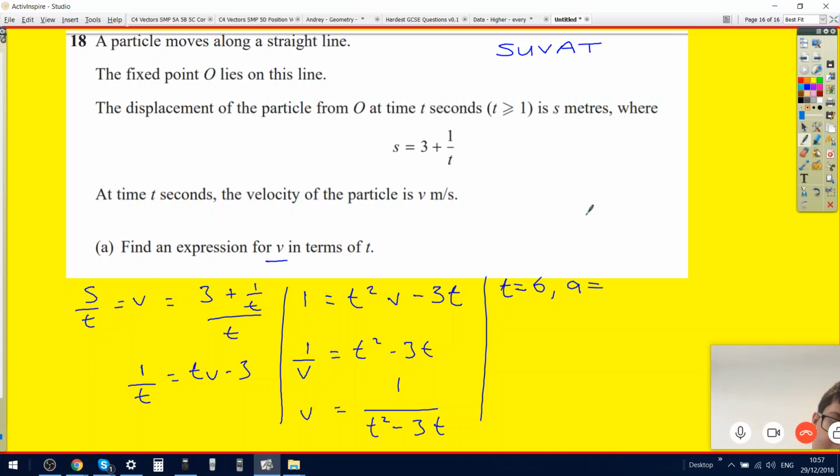So v equals 1 over t squared minus 3t, and we can use a for acceleration equals 1 over t squared minus 3t, over t again, which is 1 over 6 squared minus 3 times 6, divided by 6.